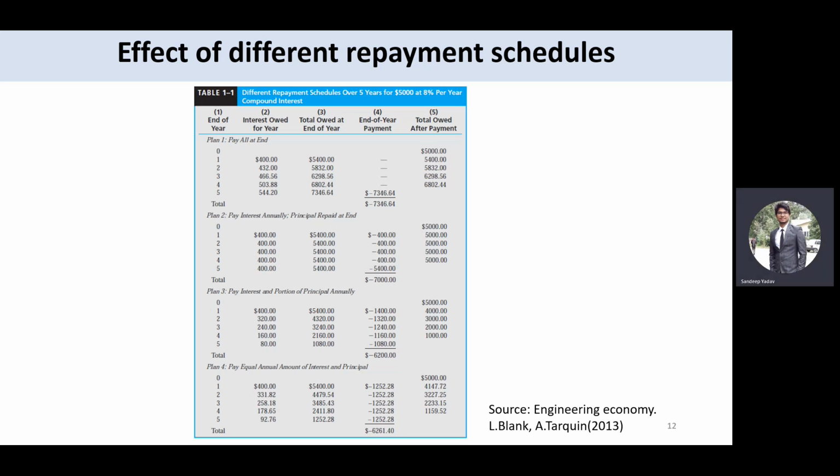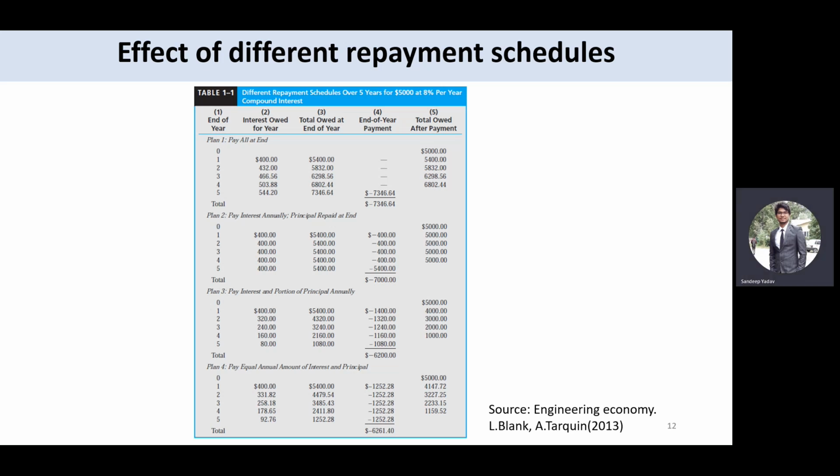Now the total amount you owe at year 1 will be $5,400. Similarly, you can calculate for years 2, 3, 4, and 5, adding the interest owed each year to the previous principal, and finally you will owe approximately $7,346.